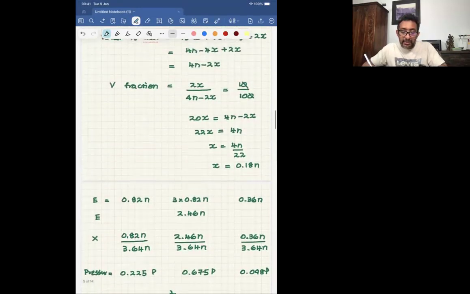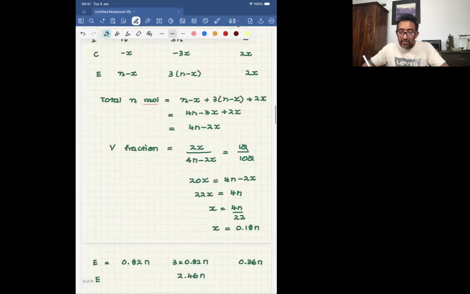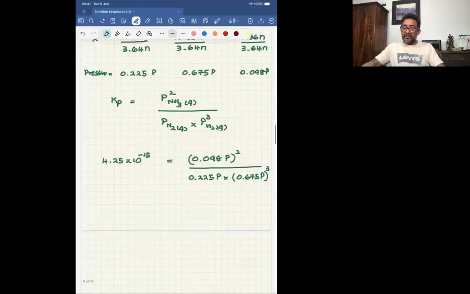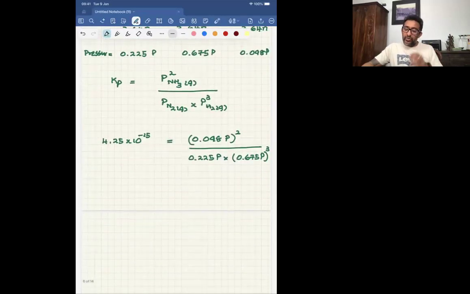Let me double check. Nitrogen is 0.225 P. Partial pressure of hydrogen, 0.675 P to the power 3. Right. Now you can get a term of pressure and you can calculate it.